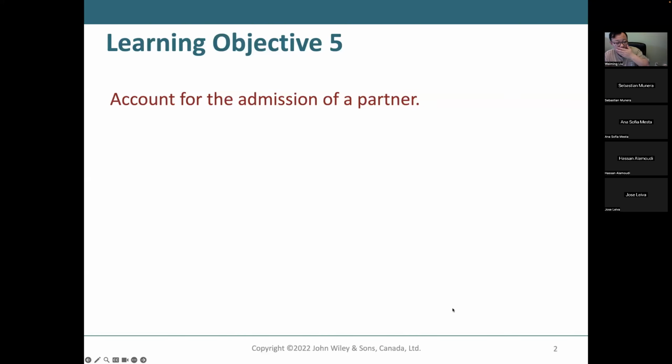So this one is the fifth learning objective. In this learning objective, we are going to consider the admission of a new partner.